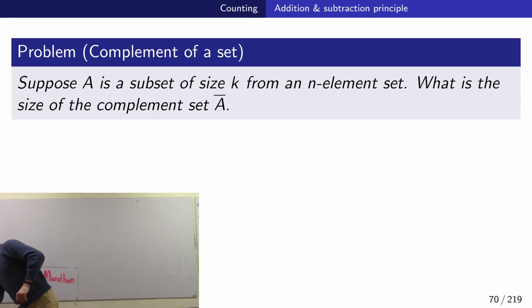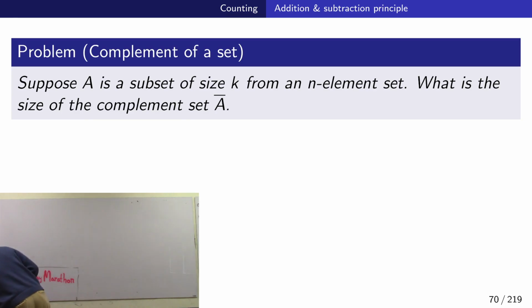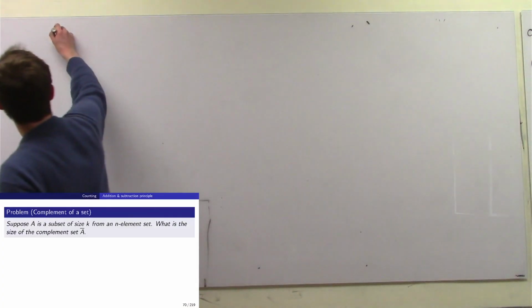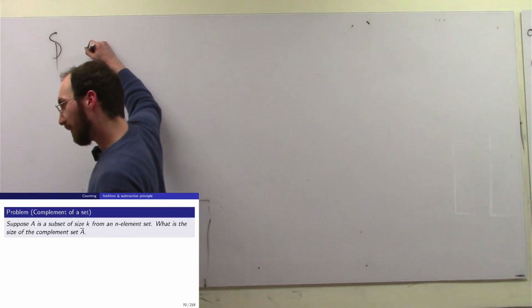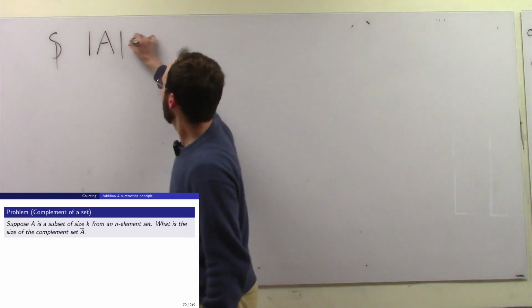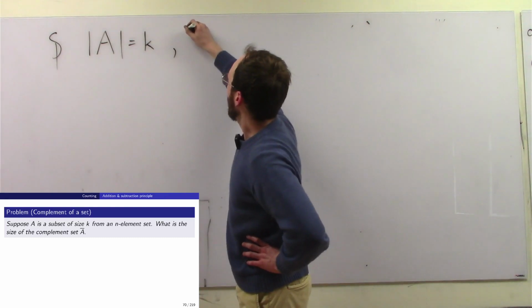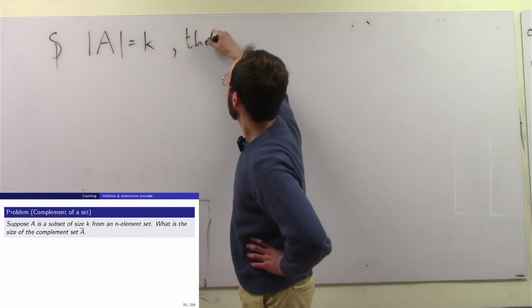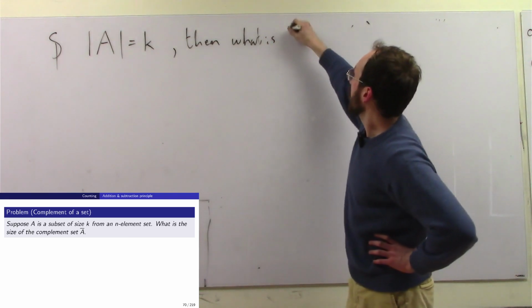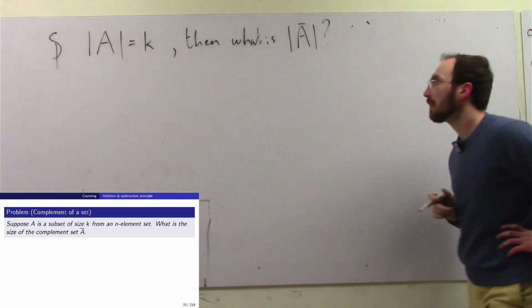Well, if I have a subset of size k from an n element set, let's actually write all of this down in a math way. So if we suppose that the cardinality of A is equal to k, then we might ask ourselves, what is the cardinality of our complement?